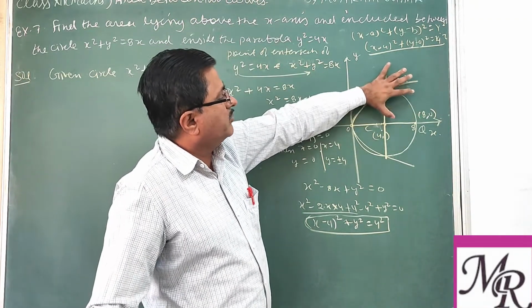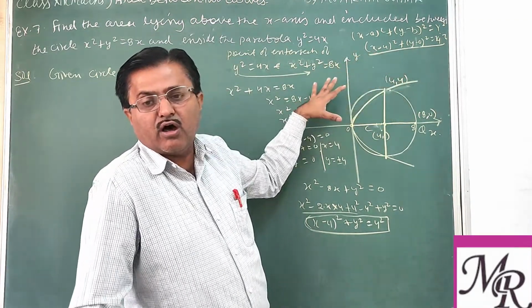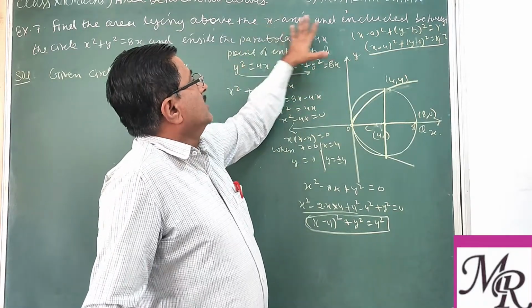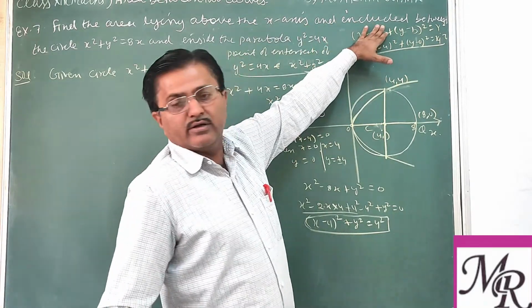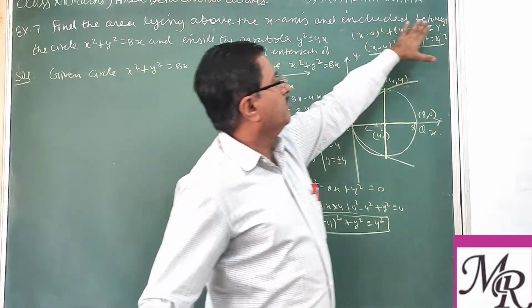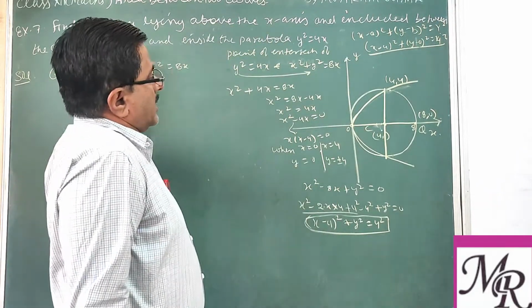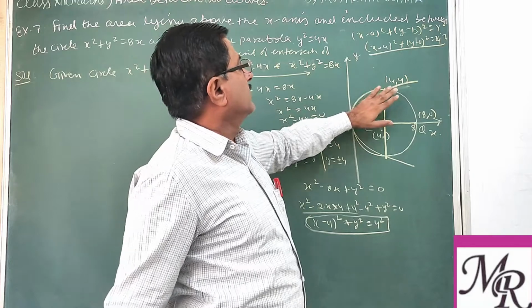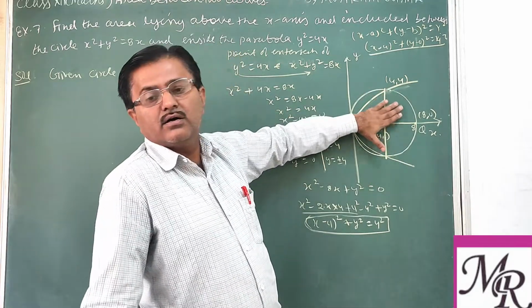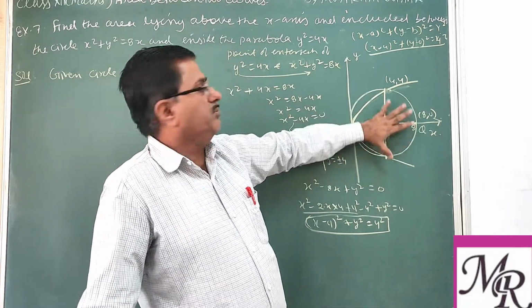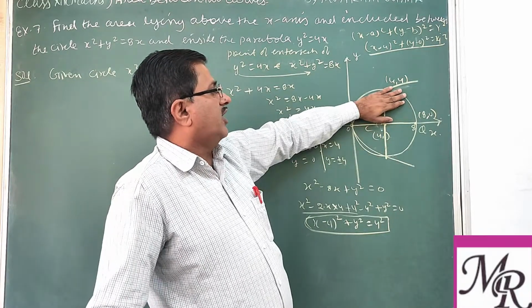It means it will be either in the first quadrant or the second. According to the first, second, included between the circle and parabola. It will be either lying in this first or fourth.